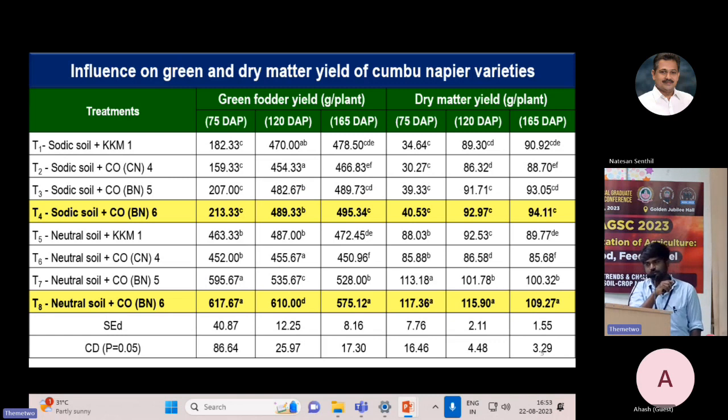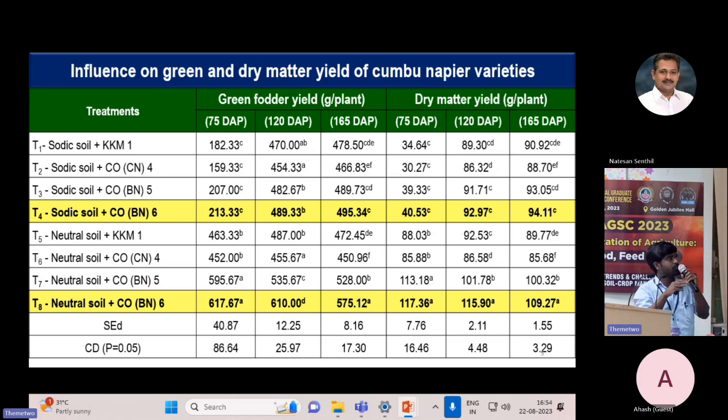Then the influence of green and dry matter yield in Cumbu Napier varieties in neutral and sodic soil conditions. See, during the first harvest, compared to neutral soil, sodic soil had a very low green fodder yield because under high sodicity conditions, the physical structure is fully affected, mainly surface crusting and dispersion, which do not allow the roots to penetrate the soil.